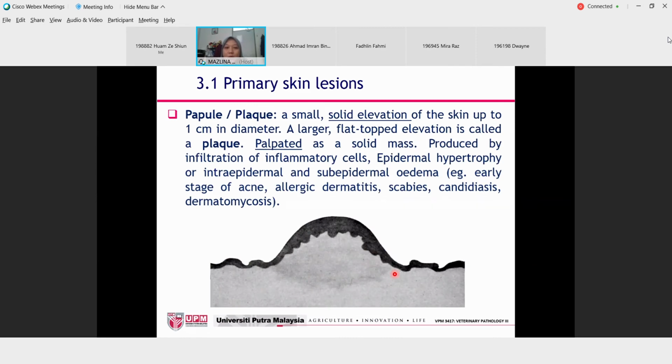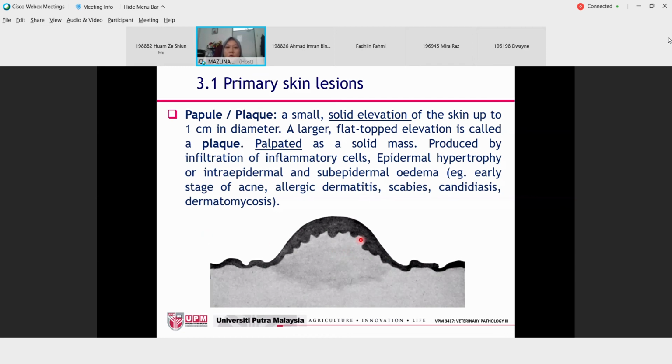Papule and plaque is basically a small, solid elevation, usually an elevation from the normal layer of the skin up to 1 cm in diameter is called a papule. If it's larger than 1 cm, it's called a plaque. This one you can palpate. Not as before, macule and patch, you cannot palpate. This one you can palpate.